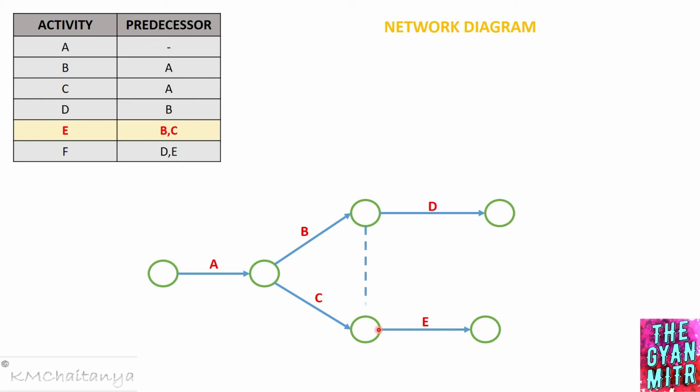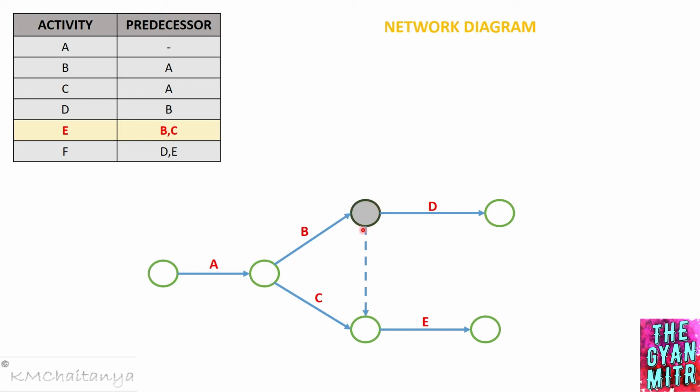First we'll take the first condition, wherein we have a dummy activity coming from top to bottom in this diagram. Let's consider the first event, the topmost event. At this event, we have only activity B coming onto this node. Be careful, I'll just repeat it again.